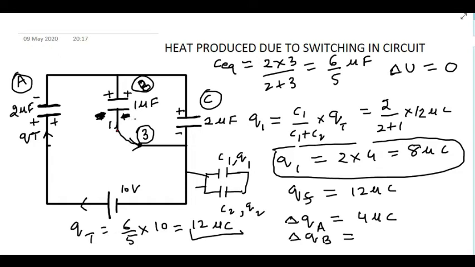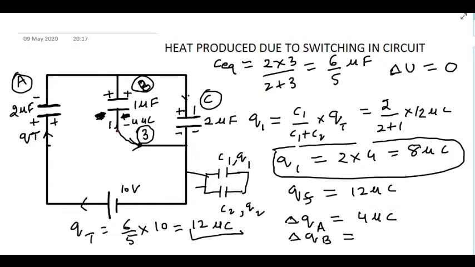You will check here, now it is minus 4 microcoulomb. Initially it was plus 4 microcoulomb, right. So here again, now it is negative, it remains negative, it becomes positive.